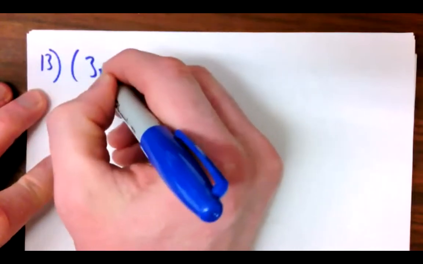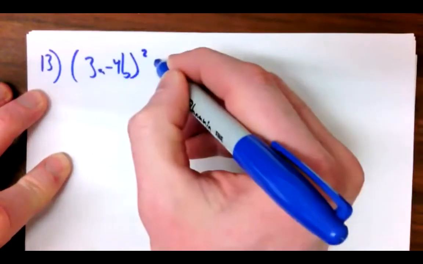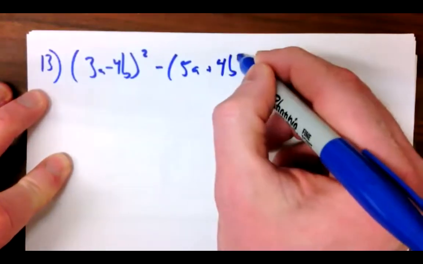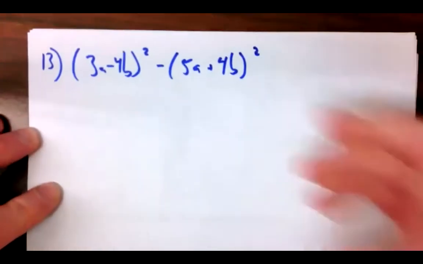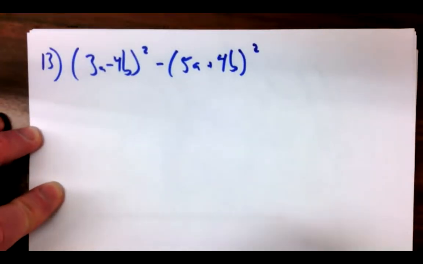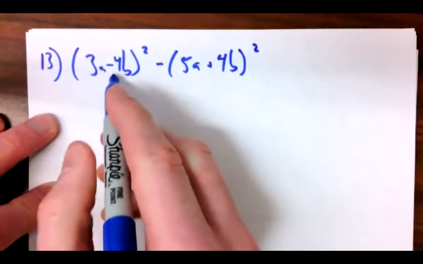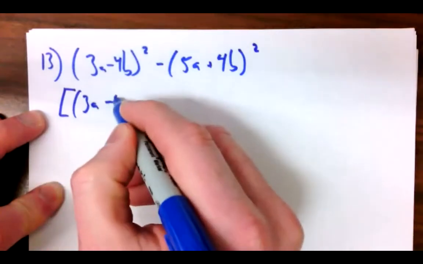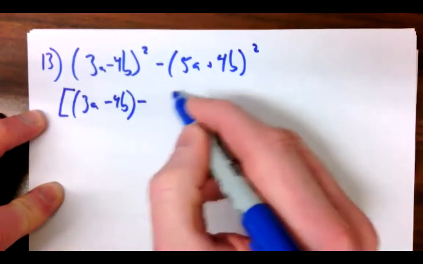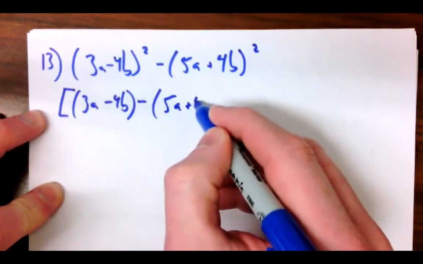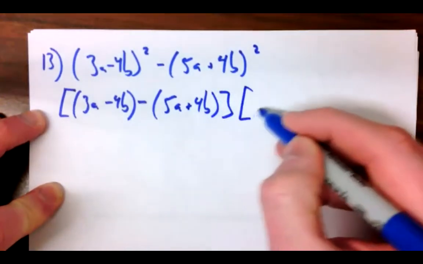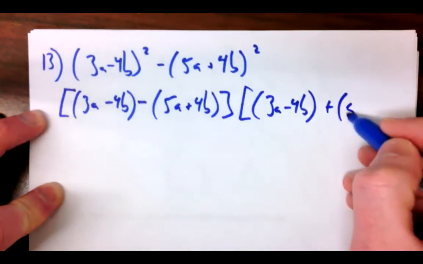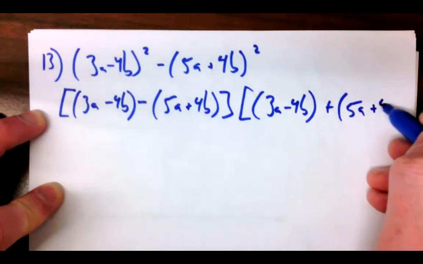They're all done the same way. 3a minus 4b squared minus 5a plus 4b squared. Those of you just joining us, I'm just going over some questions from last day. This is from page 150. This is x squared minus y squared. So 3a minus 4b minus 5a plus 4b, and then 3a minus 4b plus 5a plus 4b.